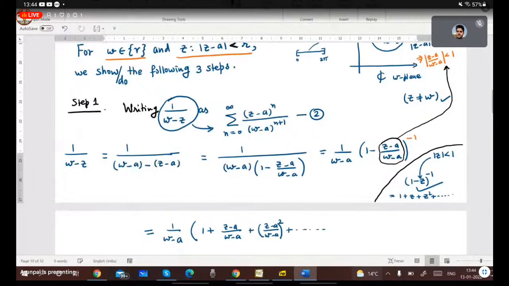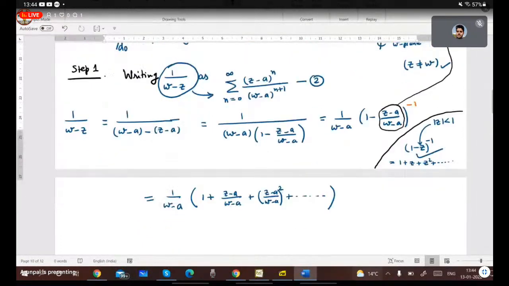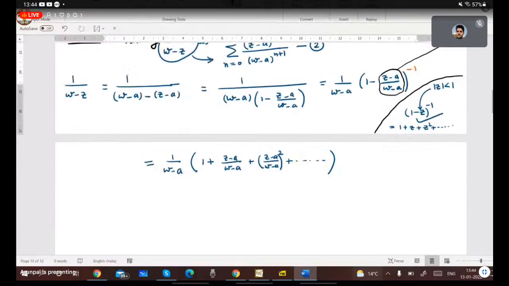Is this clear, class? Yes, sir. Now I can write this is equal to 1 upon W minus A, and I can write it like this: Z minus A to the power n divided by W minus A to the power n, and n is going from 0 to infinity.